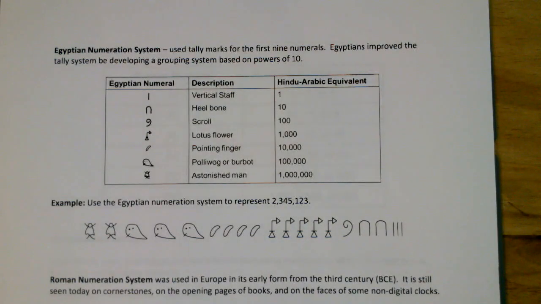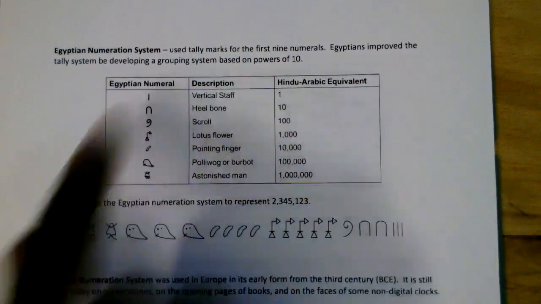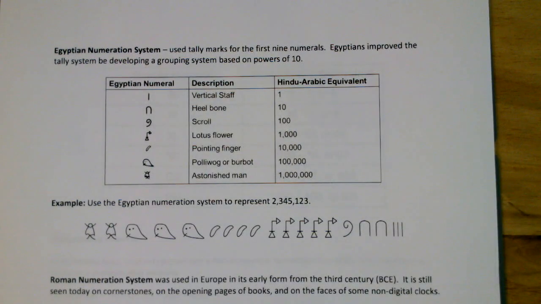All right. Also, there's the Egyptian numeration system. Here they use tally marks for the first 9 numerals, and then Egyptians improved that tally system by developing a grouping system based on powers of 10. So here's a table that consists of the Egyptian numeration system.